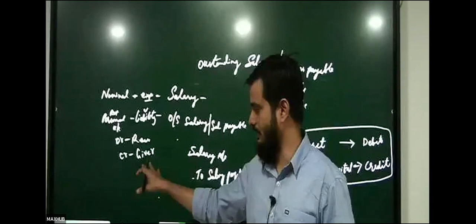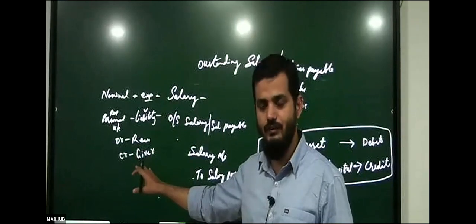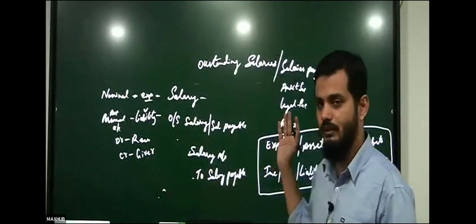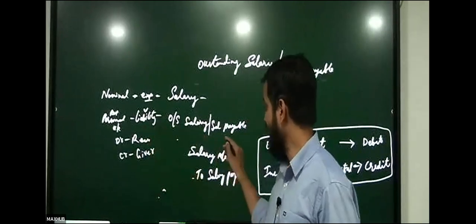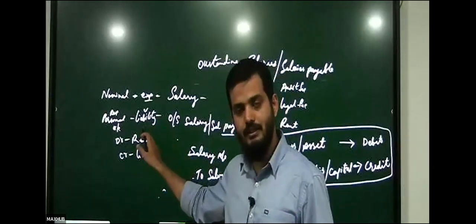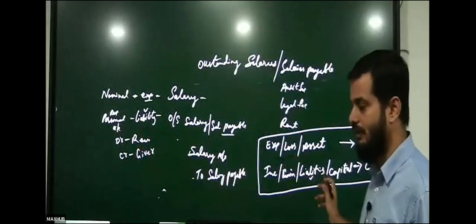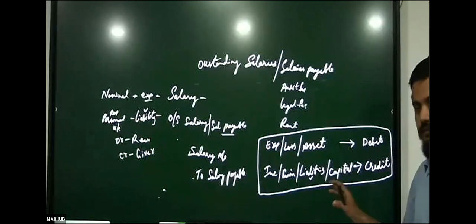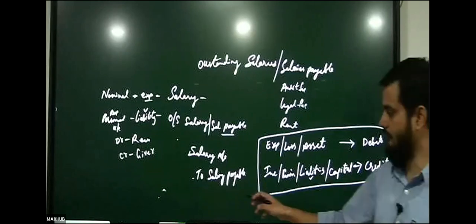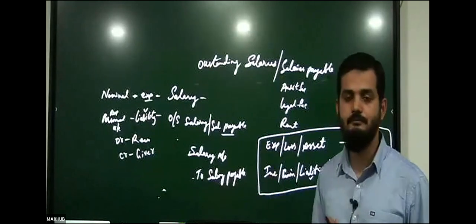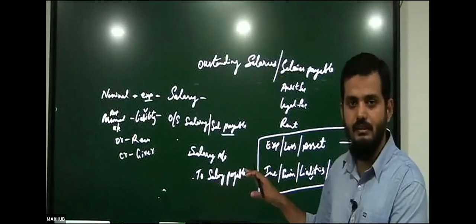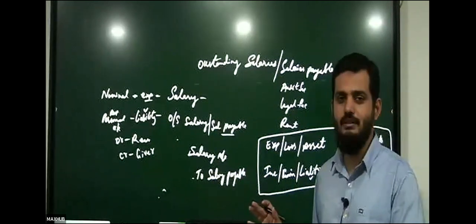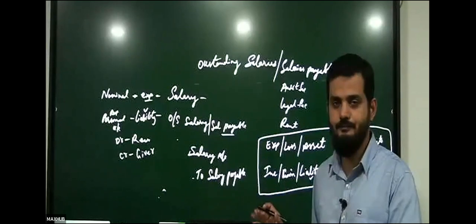There could be other logics, but my way is to keep it simple. Salary payable is a liability account, the nature of a liability is credit, so I write on the credit side. Hope this is clear, guys, because if you understand this entry, then almost you are there.